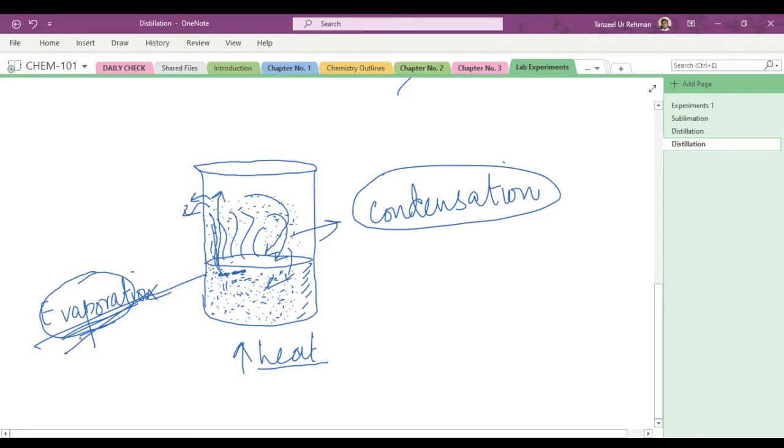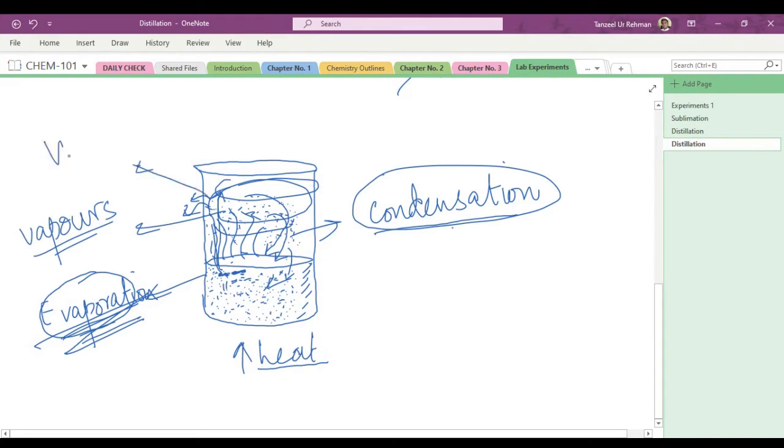So at this stage, when evaporation becomes equal to condensation, the pressure of these vapors, these molecules, these are vapors. So pressure of these molecules is called vapor pressure.